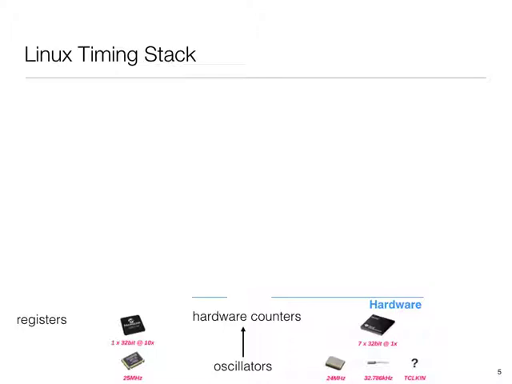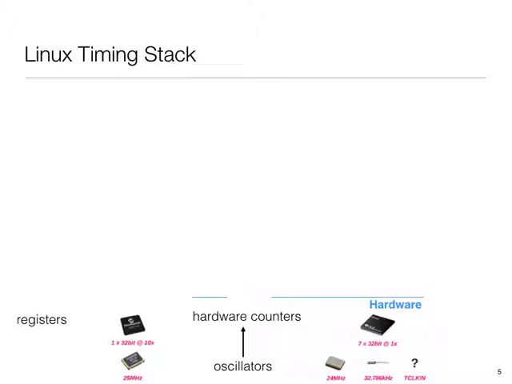In the hardware, you also have a bunch of registers. Those registers are responsible for many things. First, they can load the initial count value in the hardware counter, like where you would start counting from. They could also provide the value at which the hardware counter should provide an overflow signal.